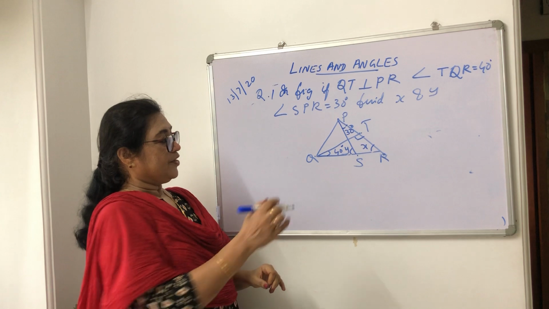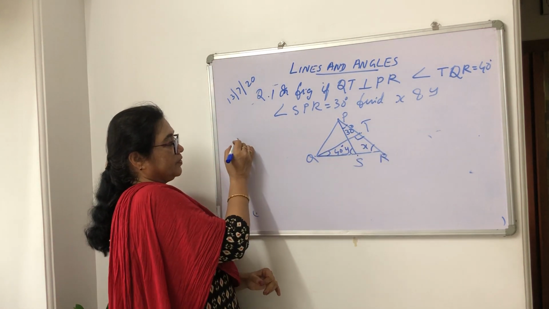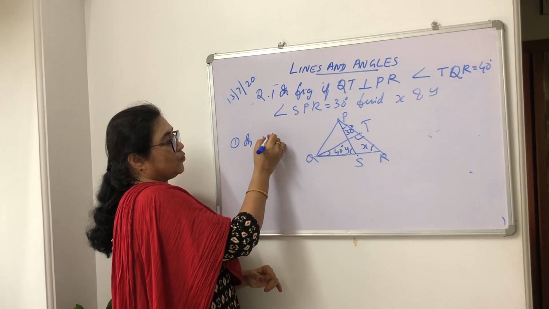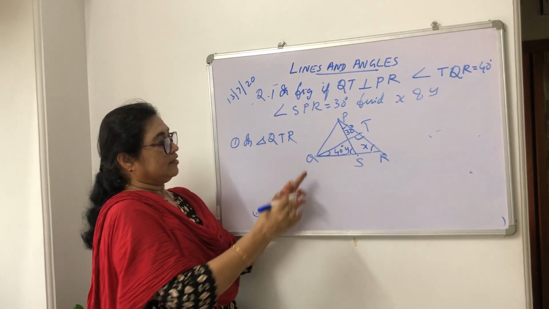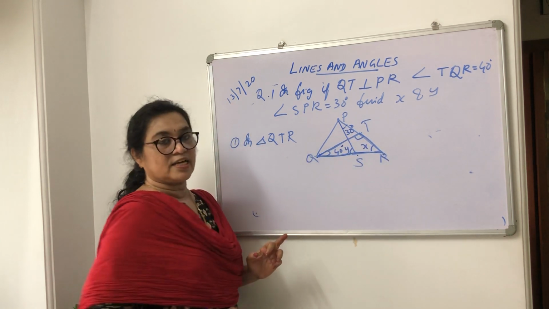Now first I am taking this triangle QTR. So in triangle QTR, two angles are given.